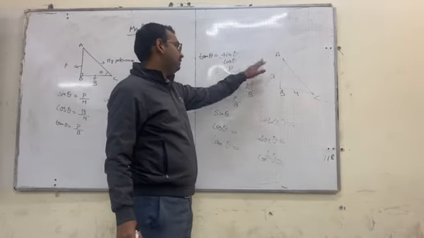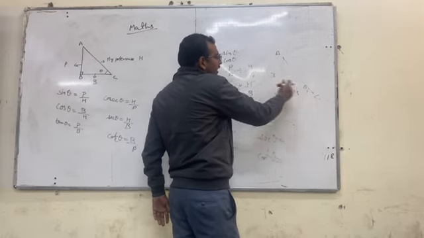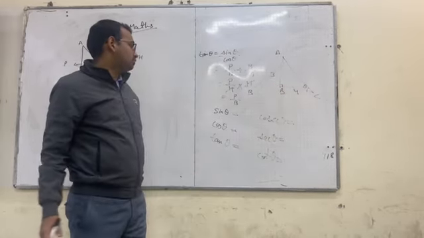So we know it is a right angle triangle, right angle at B, this angle is theta. We have to find all the trigonometric ratios.